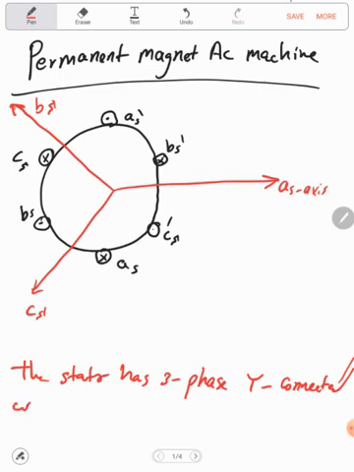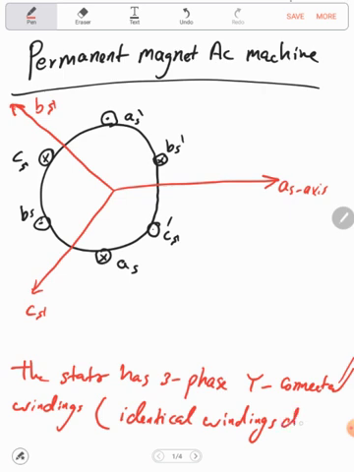Those windings are identical windings and displaced by 120 degrees from each other.